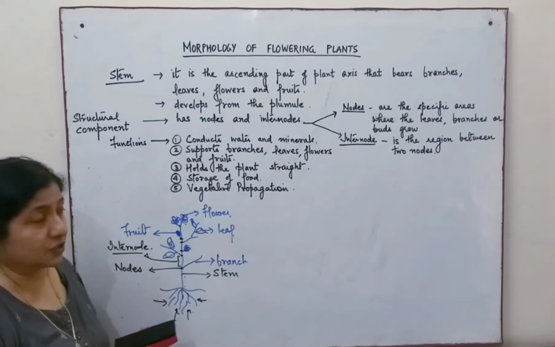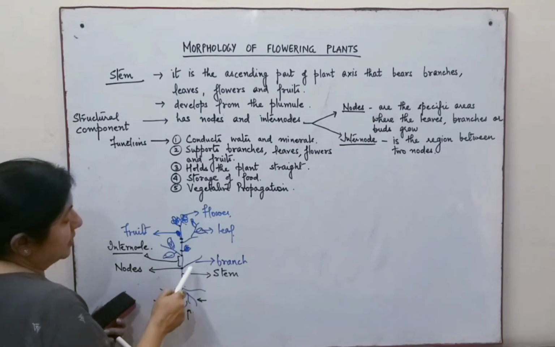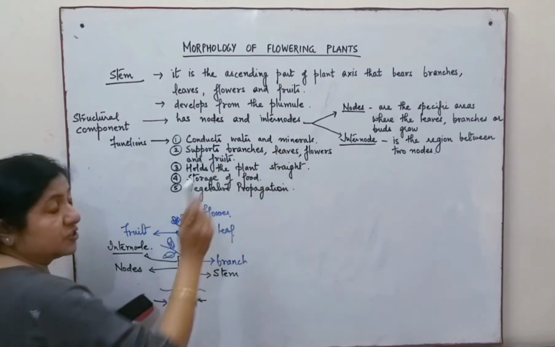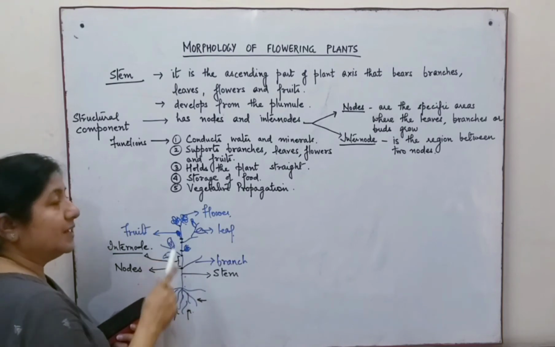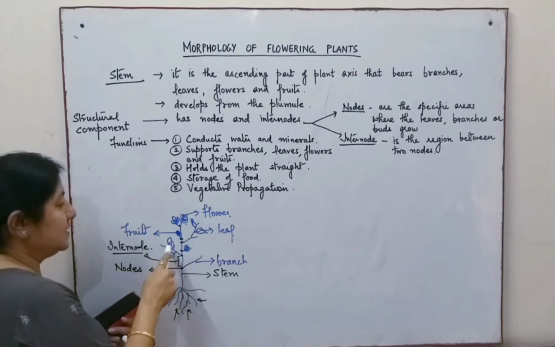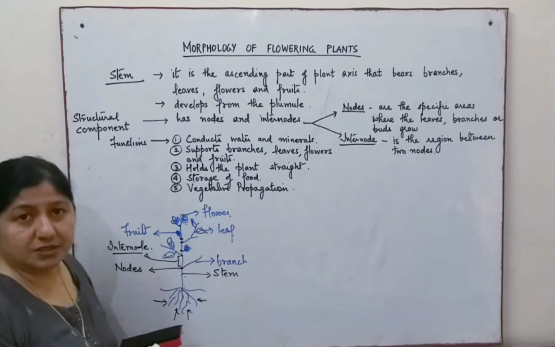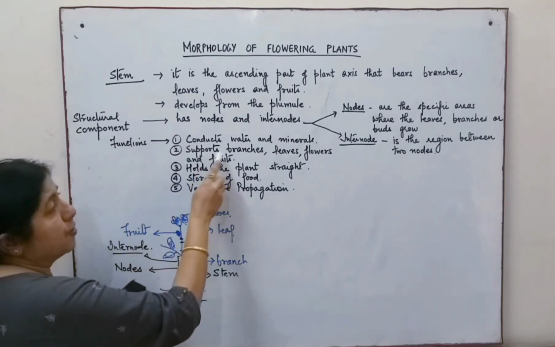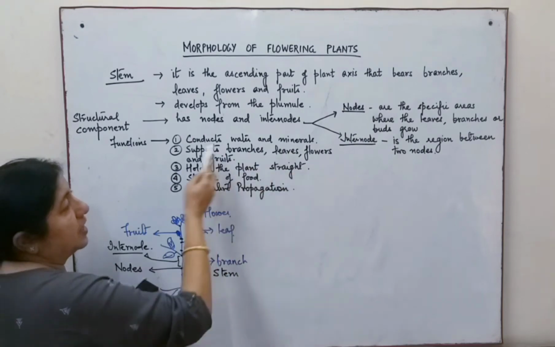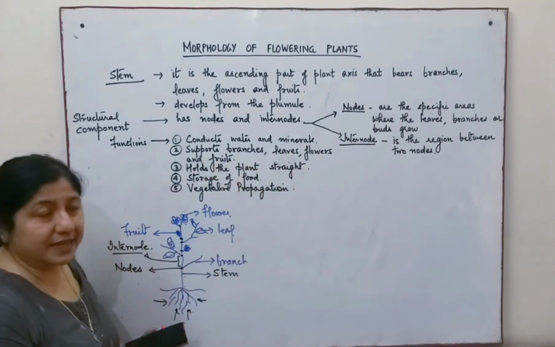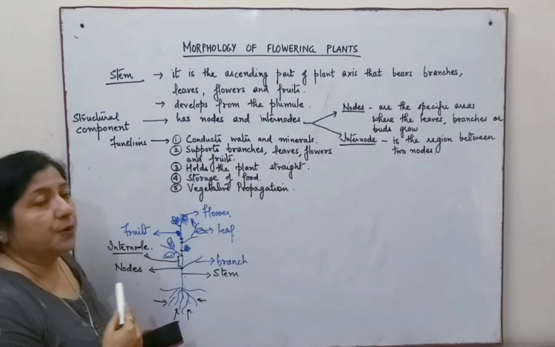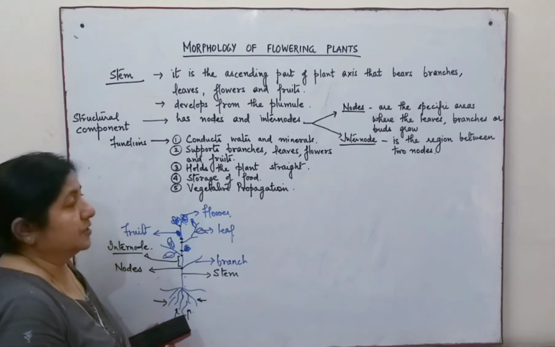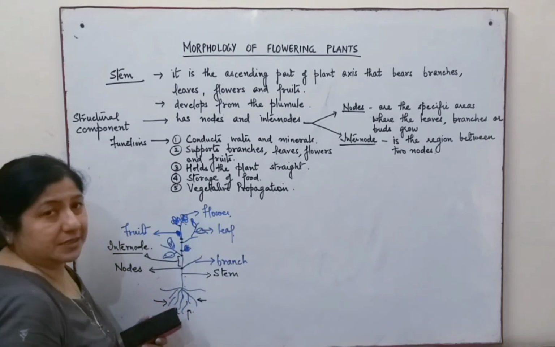The water and minerals transported will be utilized further by the leaves for performing photosynthesis and various other functions. The stem supports branches, leaves, flowers and fruits, which in turn perform various other functions that help to keep the plant alive.